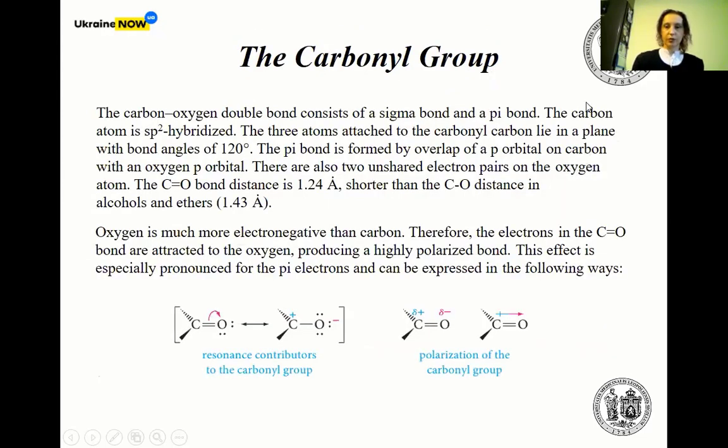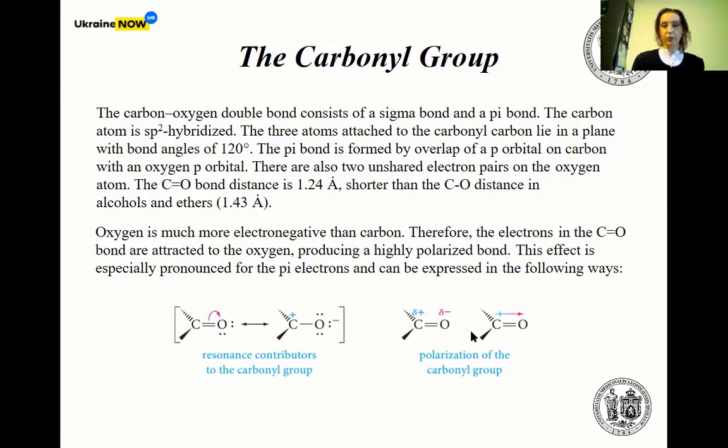Carbonyl group. It's important to understand the structure of the carbonyl group. The distance of the CO bond is 1.24 angstroms. You can see that this distance is lower than in alcohols and ethers. The reason is that this bond is double. And oxygen is a strongly electronegative atom, and this electron pair is shifted to oxygen.